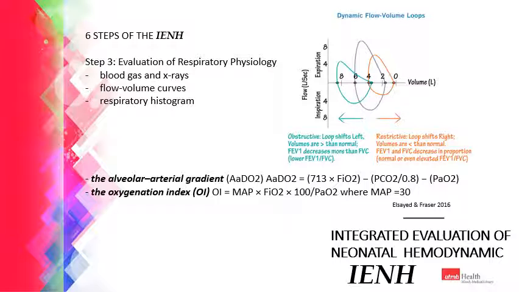It shows there if there's an obstructive or a restrictive component that needs to be addressed when taking care of our babies on the ventilator. The alveolar arterial gradient, we don't use this calculation, but I know that the oxygen index is very familiar and we use it in the unit.